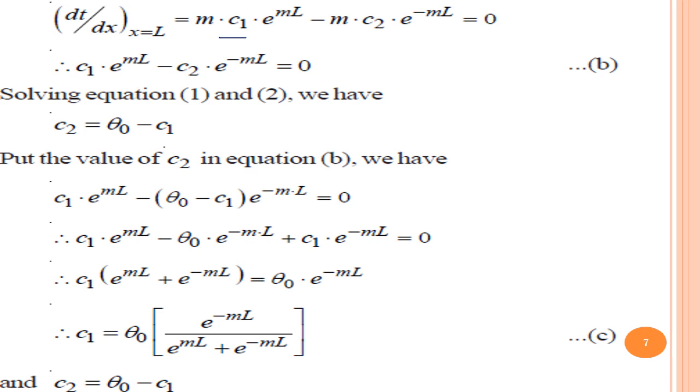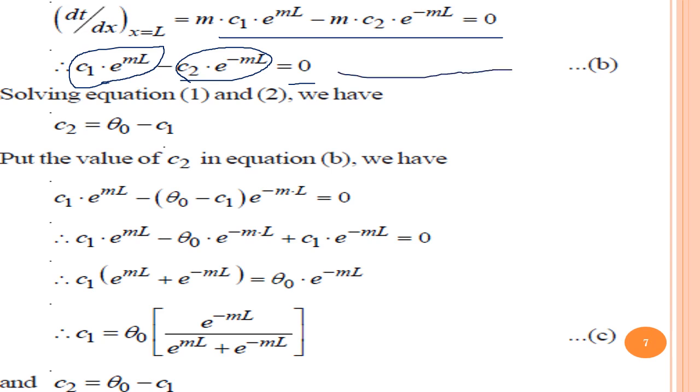When we put it equal to 0, what we get is C1 e raised to ml minus C2 e raised to minus ml equals 0. And this is our equation number B. So we know the first equation, and this is our second equation.